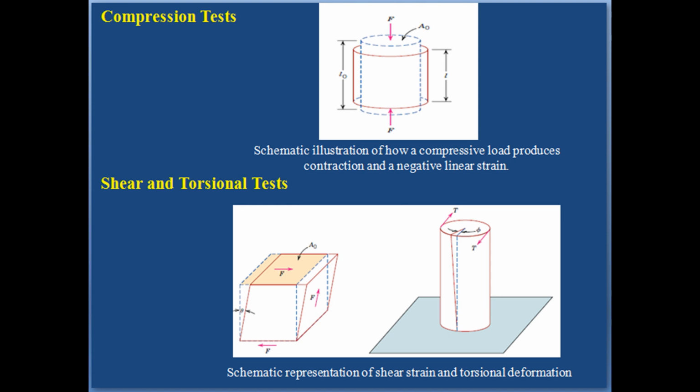Examples of torsion are found for machine axles and drive shafts and also for twist drills. Torsional tests are normally performed on cylindrical solid shafts or tubes. A shear stress tau is a function of applied torque T, whereas shear strain is related to the angle of twist phi as shown in figure.